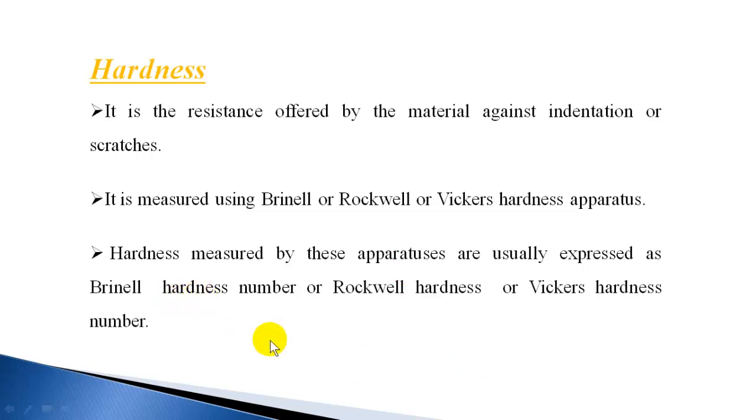The measured values are expressed as a hardness number: Brinell hardness number, Rockwell hardness number, or Vickers hardness number. This number indicates the hardness of the surface. These hardness numbers differ for the same material, as they have different standards. The Brinell hardness number for a given material and the Rockwell hardness number will be different.